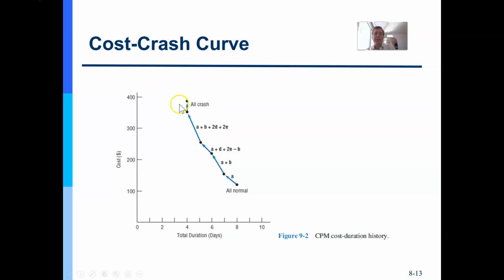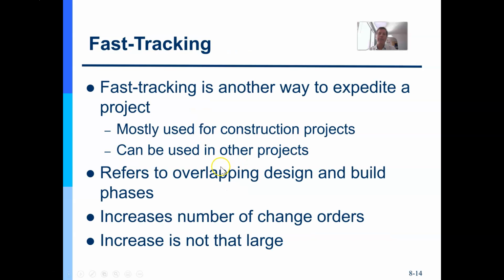Now, what that does is that creates that sloped curve, that cost crash curve that I was just referencing a moment ago. And if you wanted to graph it, it would look like this, right? And this would be normal. Normal is going to cost you the least. If you want to crash all the activities, that's going to cost you the most, right? And so the slope curve changes when I just crash activity A, or when I crash activity A and B, etc. up the line, okay?